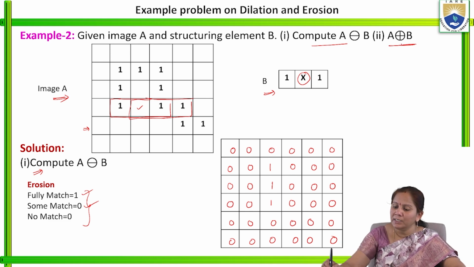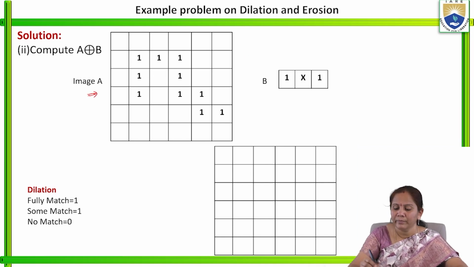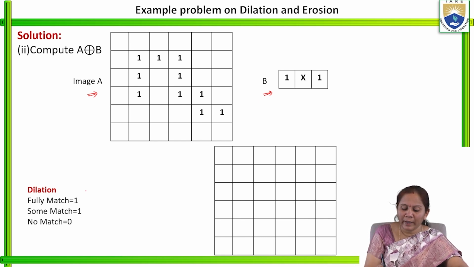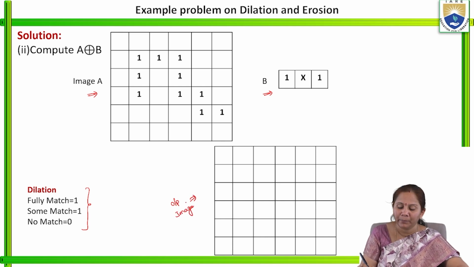And the next one is here, A dilation B. So here this is the image A given, and this is structuring element B. Now we have to follow the conditions of dilation, and we have to write how the output image looks like.